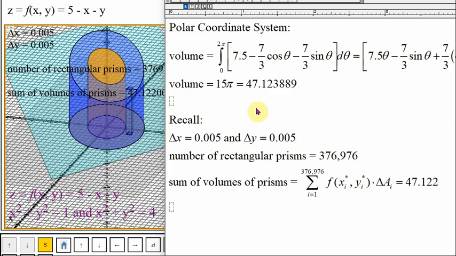And so in summary, the volume of this solid right here with the region R between the two circles is 15 pi, or 47.123.